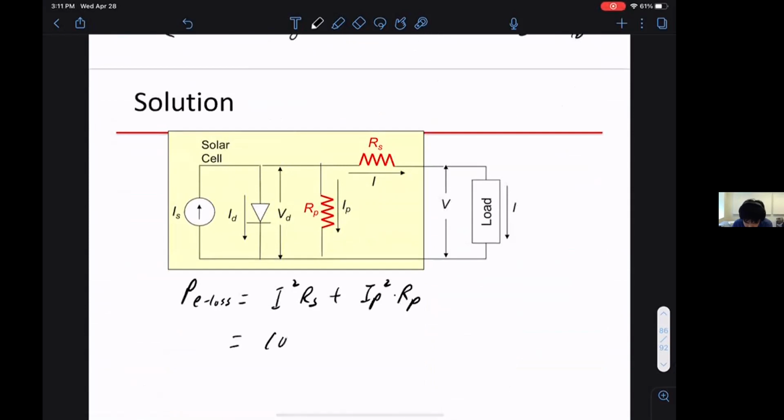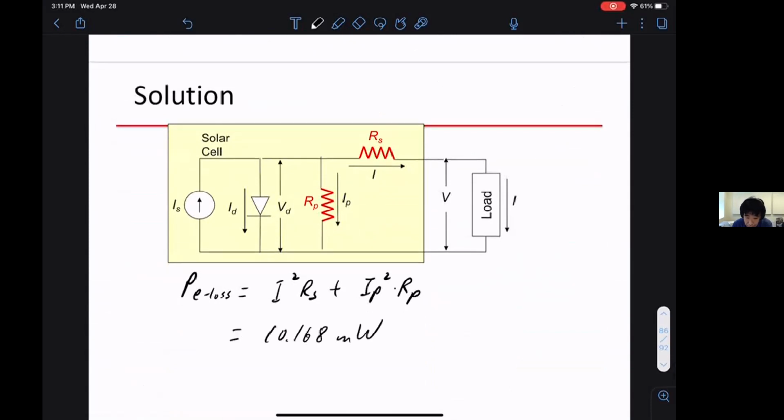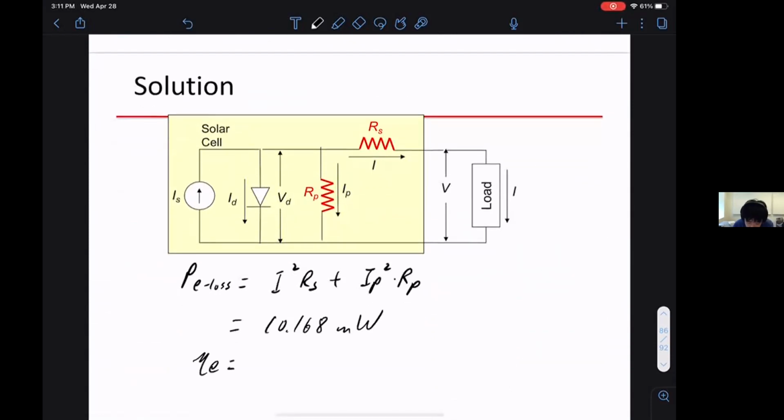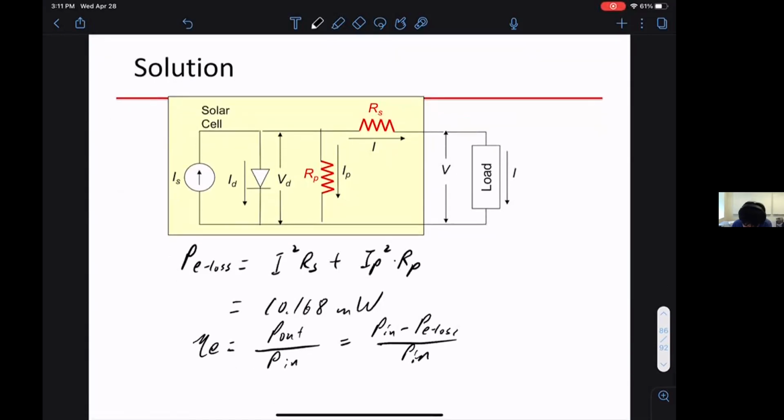These are typically pretty small compared to the other powers we have, right? So the electric efficiency is pretty good. This is power out over the power input, but this is the power input minus the power loss.